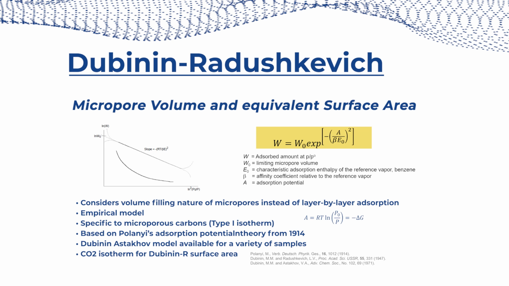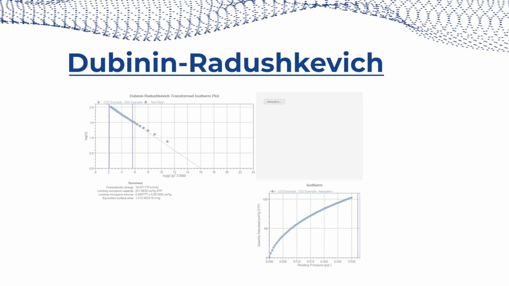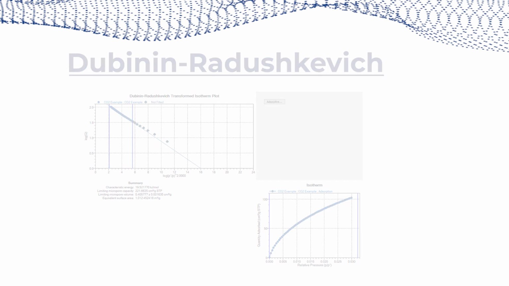Dubinin-R is frequently used with CO2 isotherms collected on the microporous carbons at 273 Kelvin, and this model is useful when it comes to the microporous carbons that are diffusion limited with a typical nitrogen analysis at 77 Kelvin. Here is an example of CO2 isotherm plotted as a straight line applying the Dubinin-R equation in the MicroActive software.